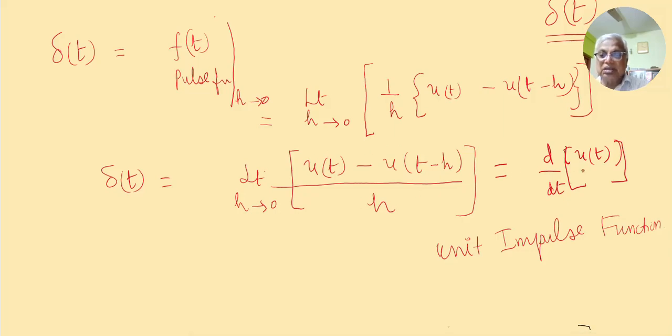This is nothing but the derivative of u(t). So the delta function can also be considered as the derivative of the step function.